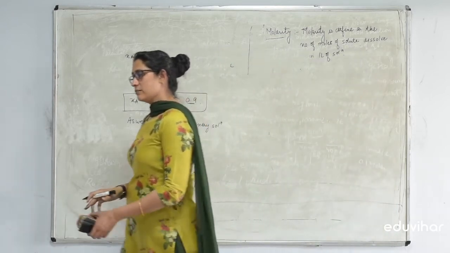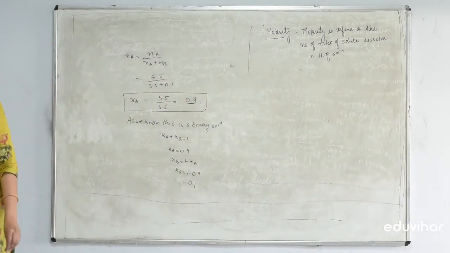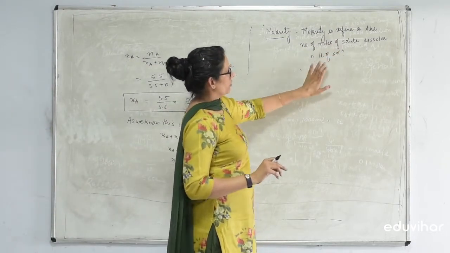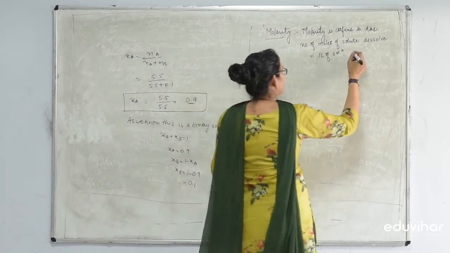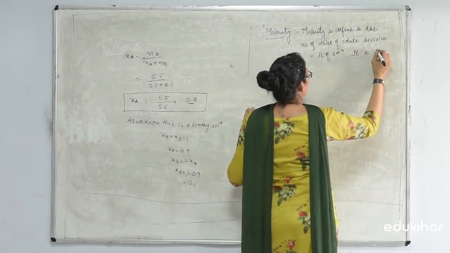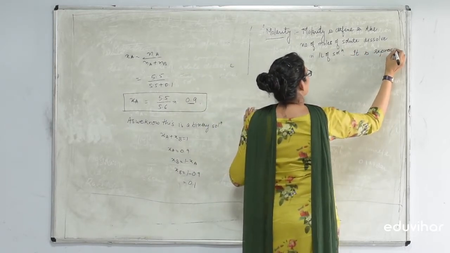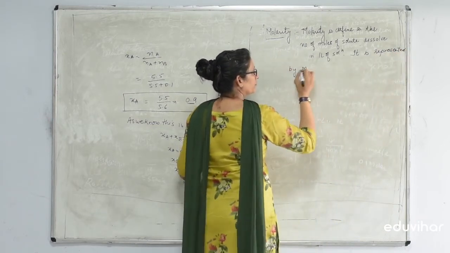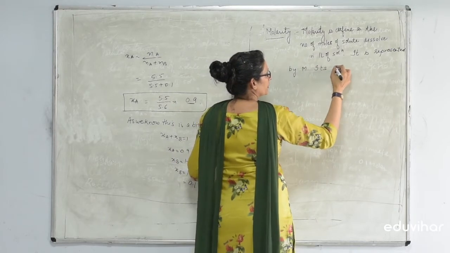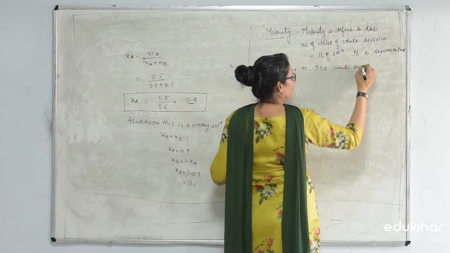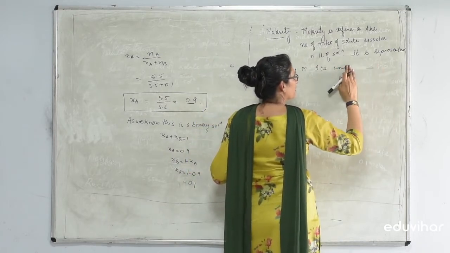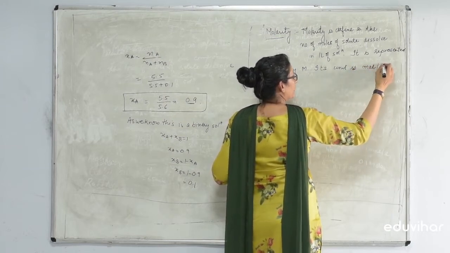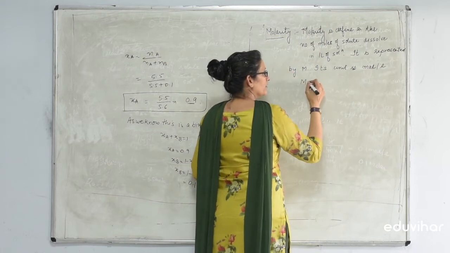Molarity is defined as the number of moles of solute dissolved in 1 liter. It is represented by capital M. Its unit is mole per liter and it is also written as molar.